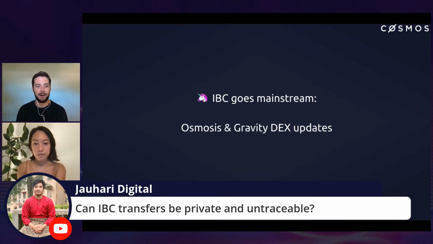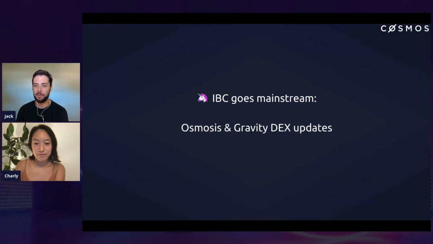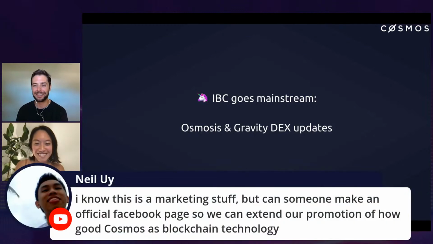Yeah. One question that hits close to home for me, which is kind of random: Neil Uwe asks, I know this is marketing stuff, but can somebody make an official Facebook page so we can extend our promotion of how good Cosmos is as a blockchain technology? I, for one, am personally a little surprised that we still don't have a Facebook page, but I think there are a lot of reasons for this. I don't personally have a Facebook, and I know that a lot of other people who work on Cosmos don't have a Facebook for ideological reasons.